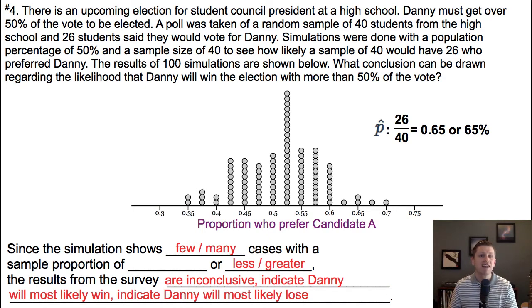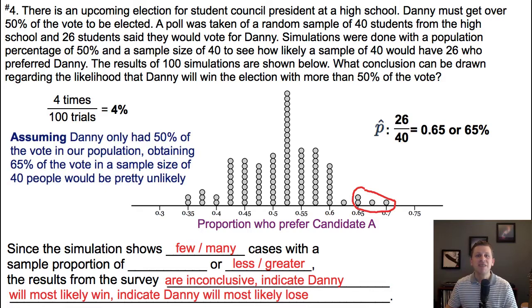We run it based on 50%, and when we look, we can see a value of 65% or even greater, more extreme, happened here. Out of our 100 simulations, a result of 65% or higher only happened 4% of the time. Well, what does this mean? This means that if we assume Danny only had 50% of the vote, like we just did in our simulation, obtaining 65% of the vote in a sample size of 40 people would be very unlikely.